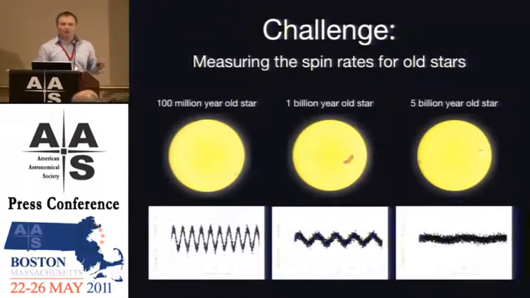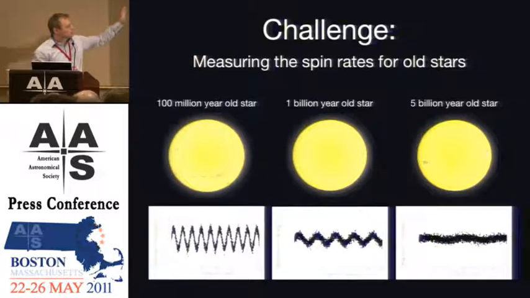See, the way we determine the spin period of a star is by measuring the periodic changes in its brightness as dark spots on its surface move across the face, back on the backside, and across the face again. Young stars spin fast, just like a top on a table, and they have big and many spots.